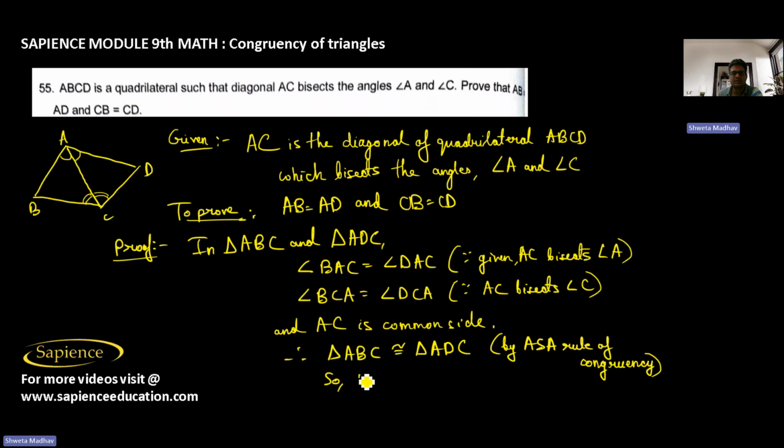So I can say that AB equals AD, and BC equals DC by CPCT.